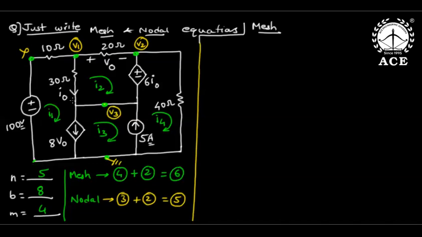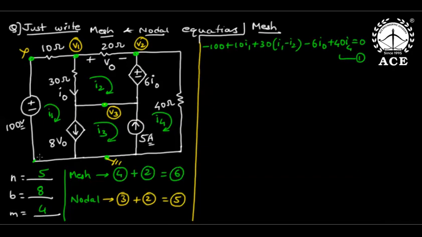Minus 100 plus 10 I1 plus 30 into (I1 minus I2), super mesh open, minus 6 I0 plus 40 I4 equal to 0.